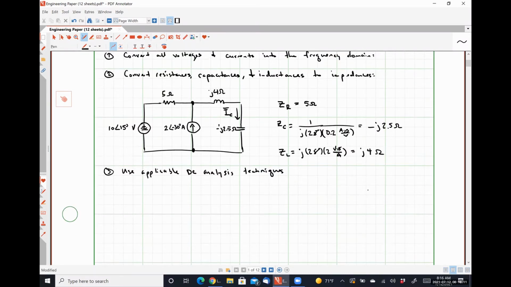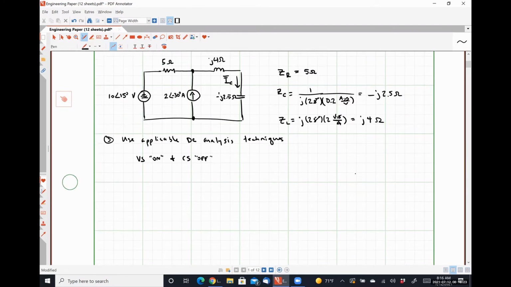So let's use superposition. With the voltage source on and the current source off, our circuit looks like this.